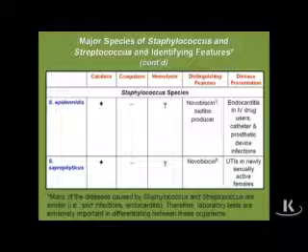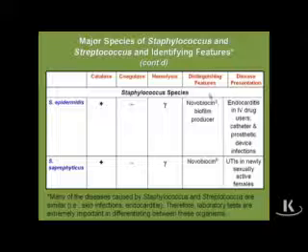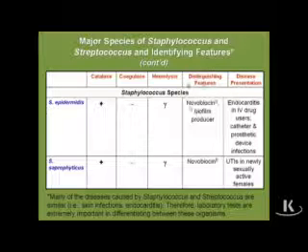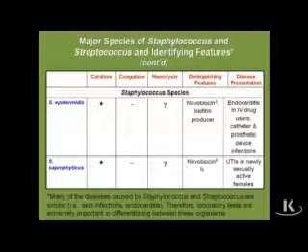Now, because epi and saprophyticus are both gamma hemolytic, one of the ways that the USMLE might ask you to differentiate between them is going to be based on antibiotic sensitivity, where epidermidis is sensitive to the antibiotic novobiocin, and saprophyticus is resistant to novobiocin.